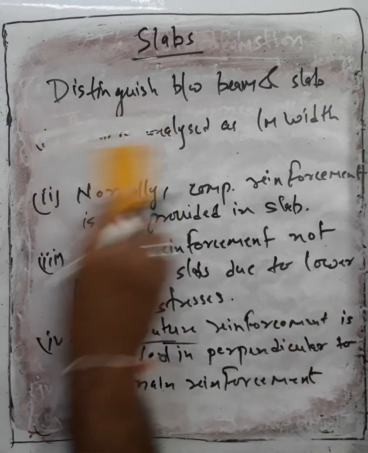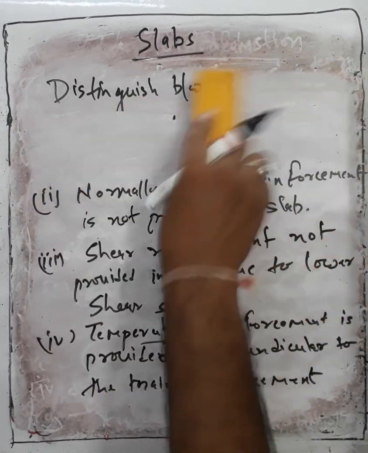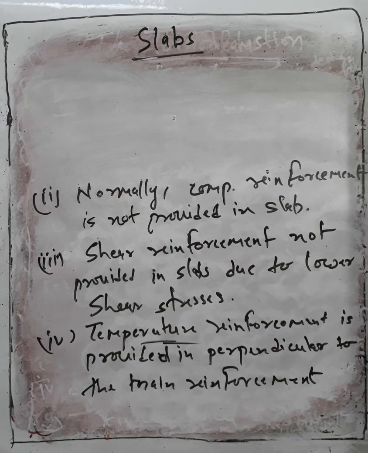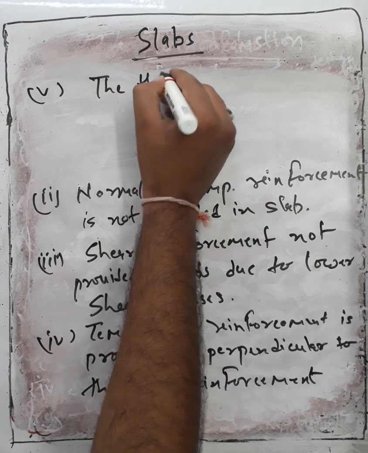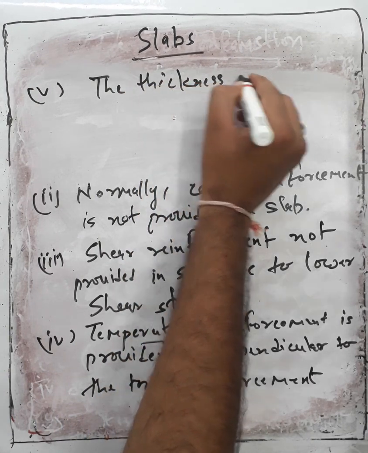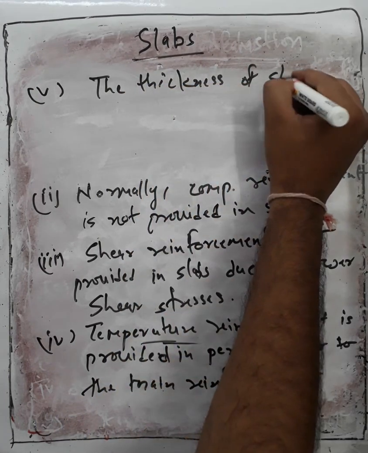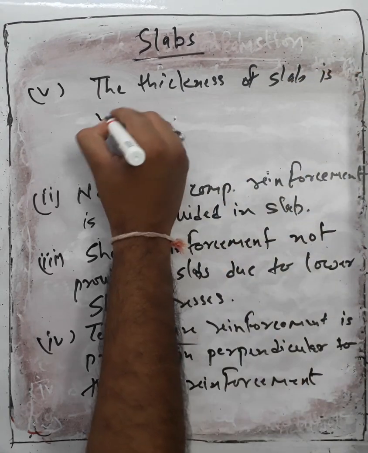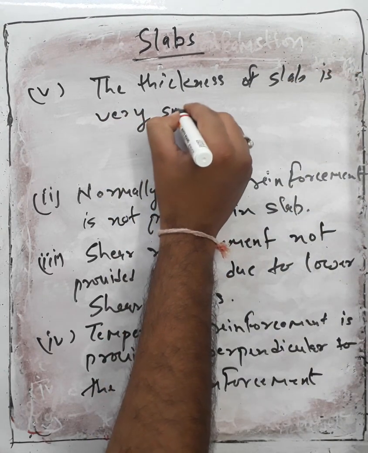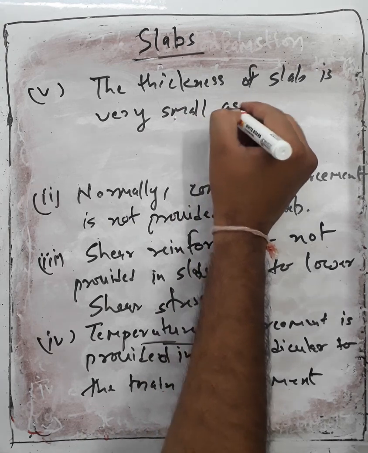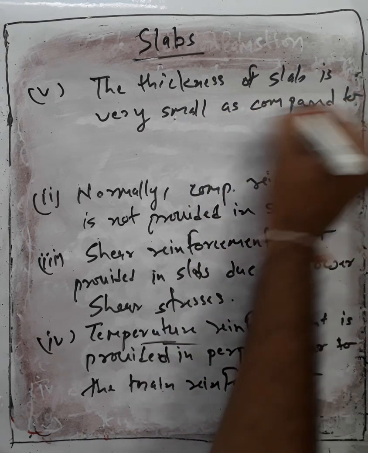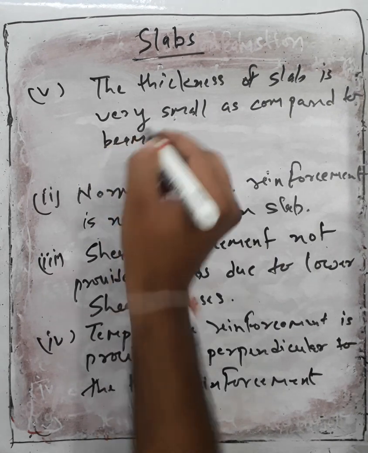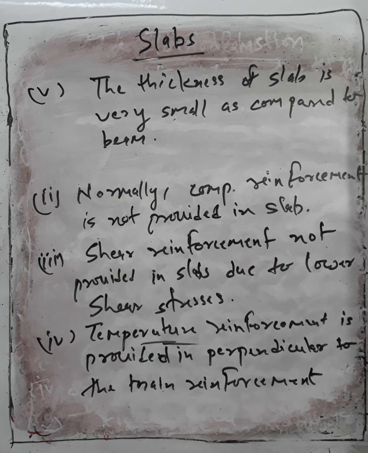And the last point, point number five, the thickness of a slab is very small as compared to a beam. So these are the distinctions between beams and slabs.